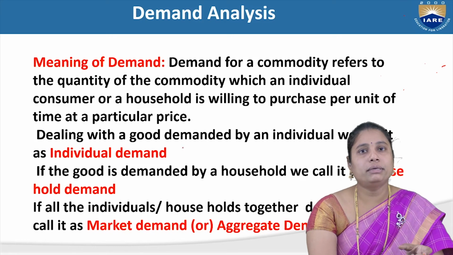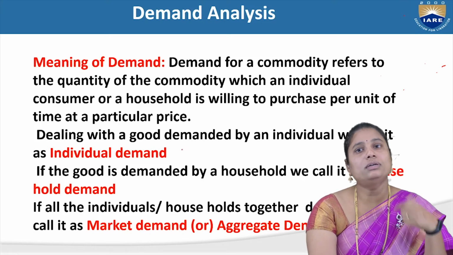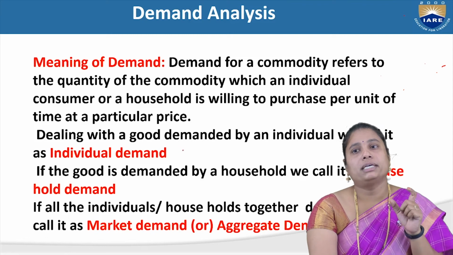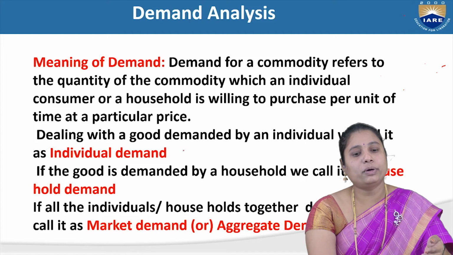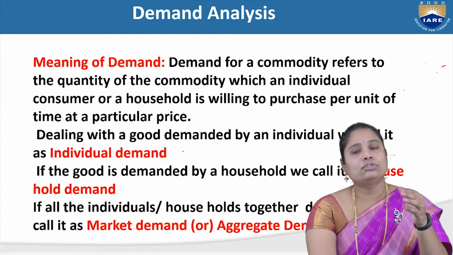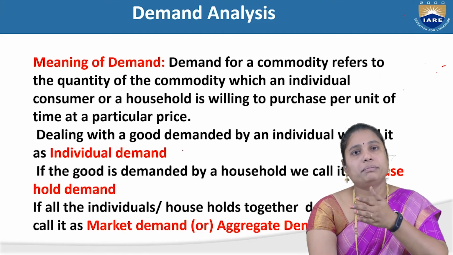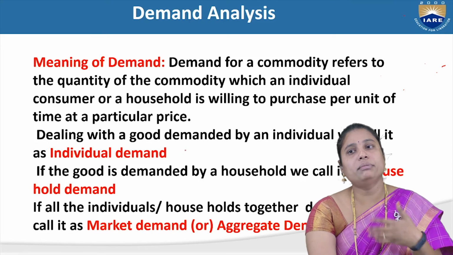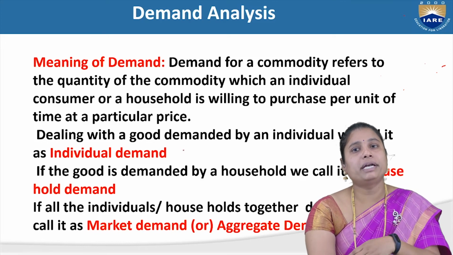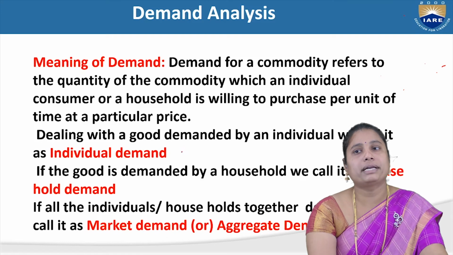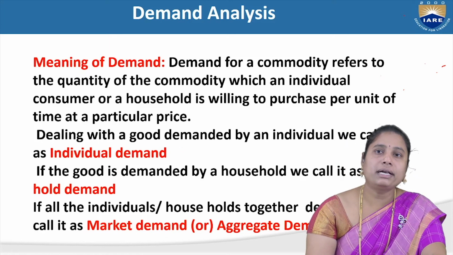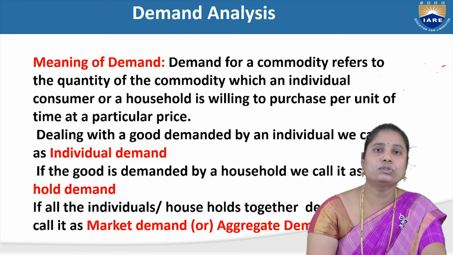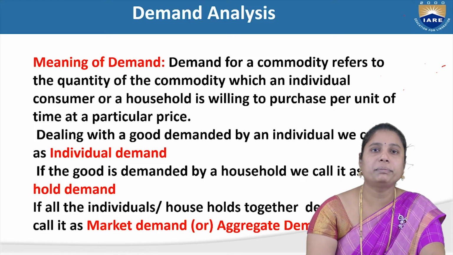Egg is an individual demand. If an entire family wants it, household demand. If egg is a basic product for bread and sandwich making, then it becomes an input for bread making, and it is called market demand or aggregate demand.